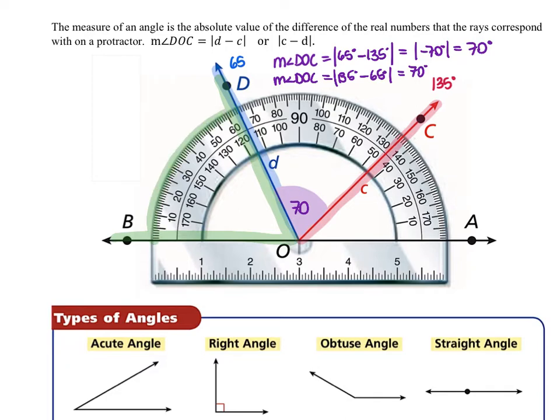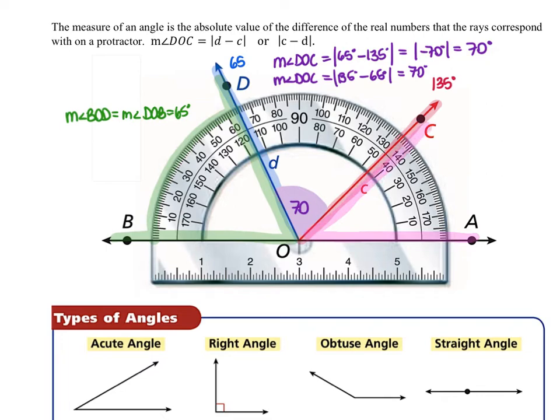So that would go from 0 to 65 degrees. So we would say the measure of angle BOD, which is also equal to the measure of angle DOB, is 65 degrees.